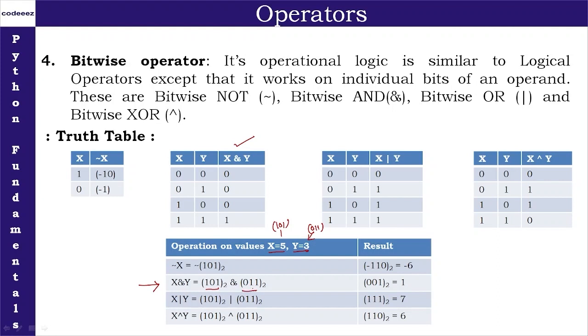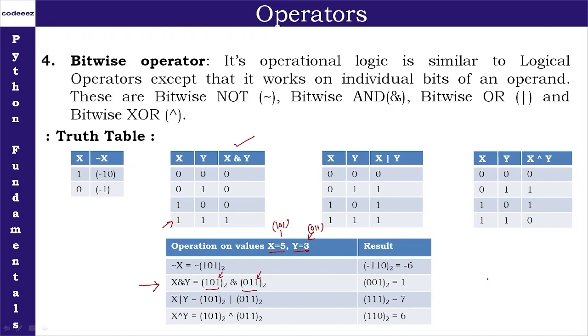As I said, it works on the individual bits of a number, so it will start working from the right hand side. It will take the first value of its first operand and the first value of its second operand, and apply AND on both. So 1 and 1, we get 1.